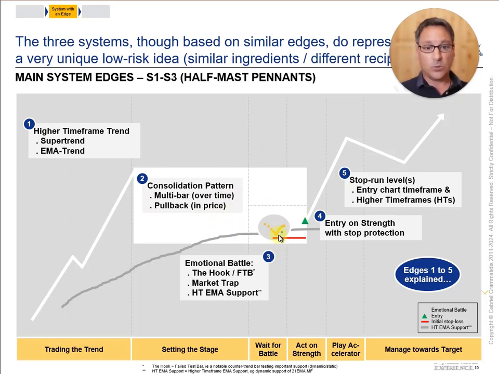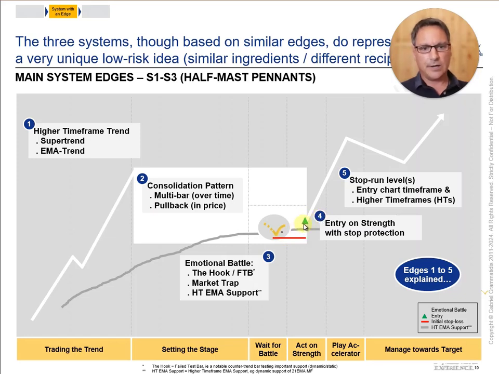This emotional battle goes against higher time frame support, the 21 moving average 1 time frame higher, and the 5 moving average 2 time frames higher, and it should bounce off that support. If you decide to enter on strength, the stop goes here, on the other side of the moving average support, which gives us another edge, a nice stop protection.